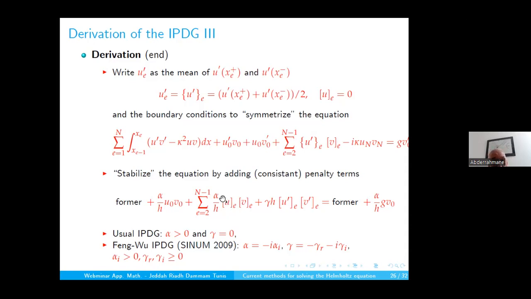It is alpha over h, h is the mesh size. This is a small number. But here you have to penalize the jump of the derivative by only a small term. Usually, IPDG uses alpha real and gamma equal to 0.